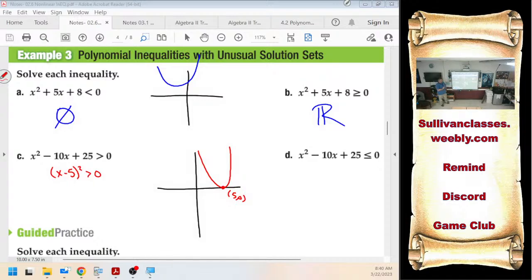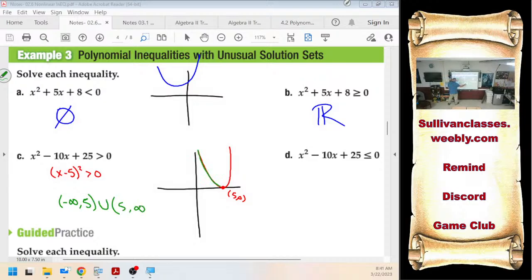So when I ask, where is that greater than 0? Not everywhere. At that one point, it equals 0. So I have to say everyone except that point. It'll be negative infinity to 5, can't touch us, and 5 to infinity.